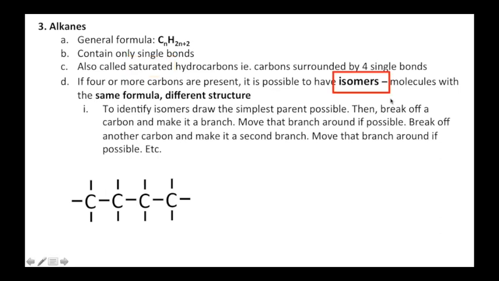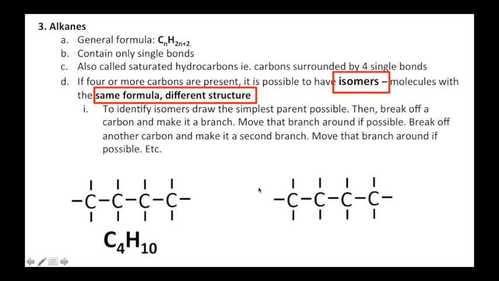Okay, now isomers. An isomer is a molecule with the same formula but a different structure. So watch this. This molecule here, butane, is C4H10. Now watch this.